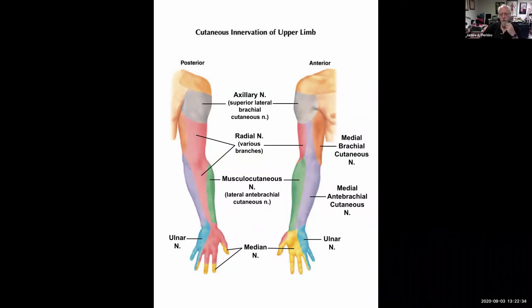So this map is telling you which of those named branches of the brachial plexus the neurons are passing through. But this map is not telling you where those neurons eventually end up when they finally get back to the spinal cord. So you can see there's some overlap here, so that, for example, look down at the thumb.